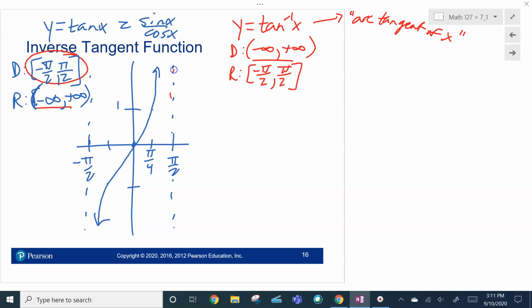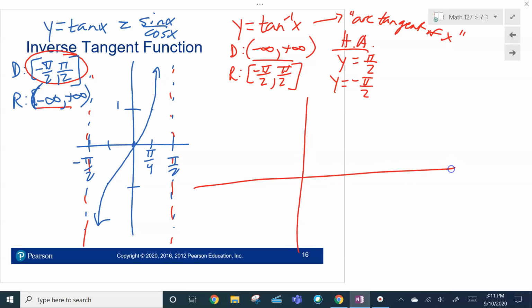The old vertical asymptote of x equals pi halves will become a horizontal asymptote of y equals pi halves. The old vertical asymptote of x equals negative pi halves will become a horizontal asymptote y equals negative pi halves. So here's y equals negative pi halves, here's y equals pi halves.